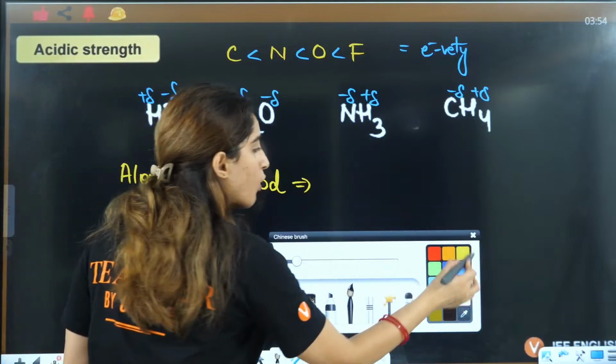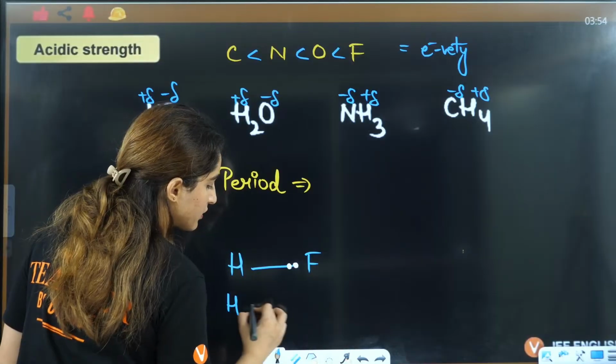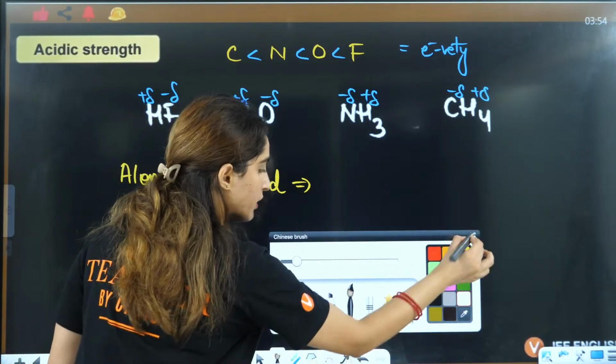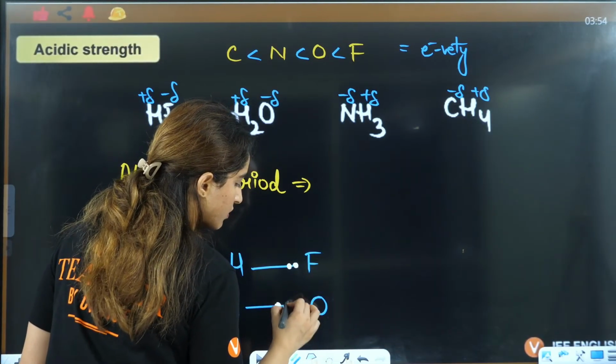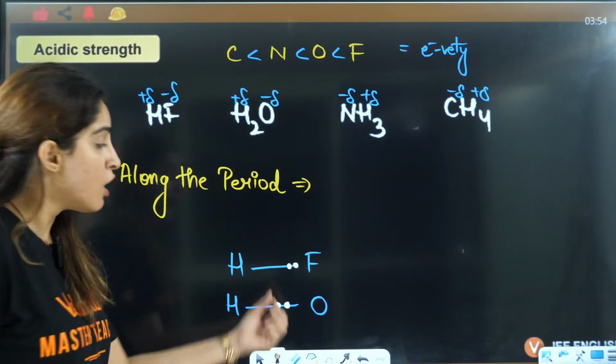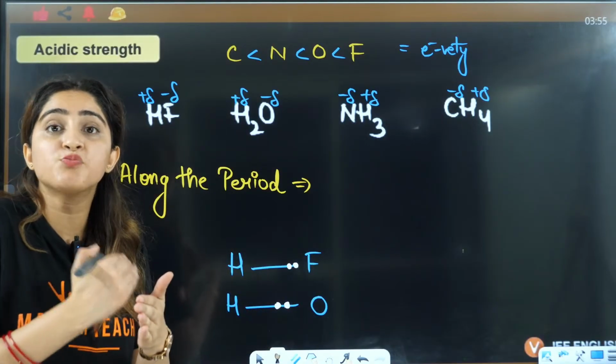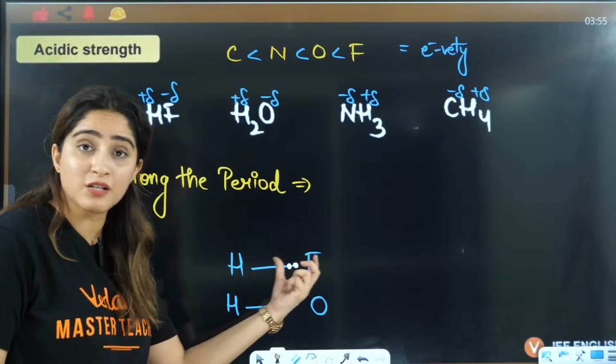If you consider the bond of H and O, it's still somewhat here. Why? Because oxygen is less electronegative as compared to fluorine. So the shared pair of electrons is more towards fluorine because it is more electronegative.